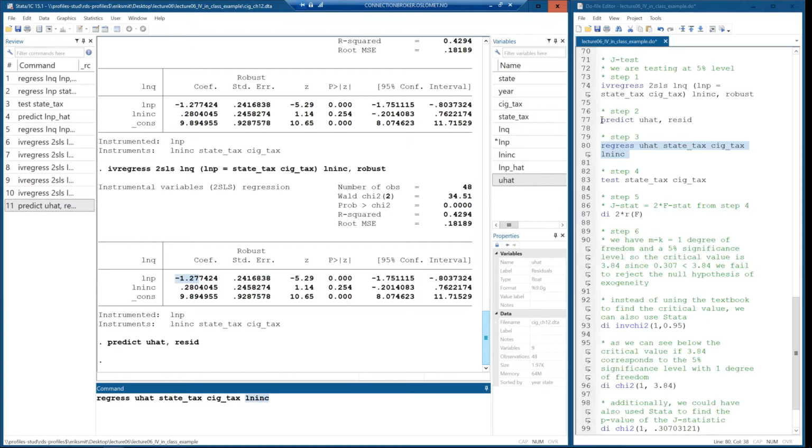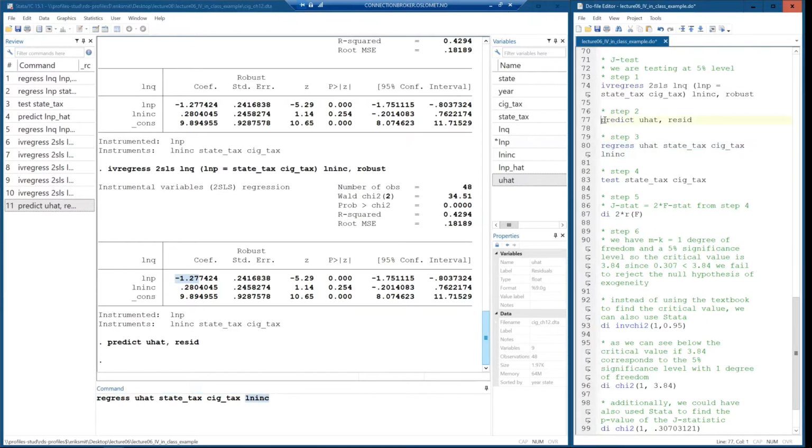Ideally, when you predict the residuals here, you should not use the fitted values of LMP, but you should use the observed values of LMP. Here we are using the fitted values, but this is an approximation.